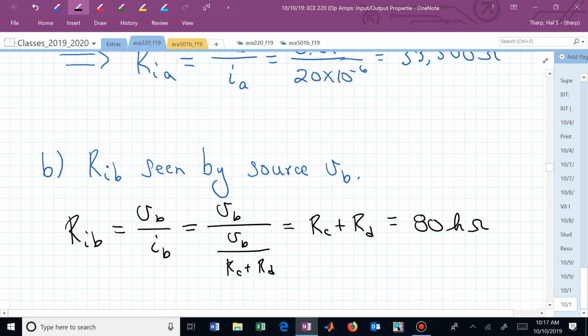We went through quite a few different circuits to try to find what does each source see as it's looking into this amplifier circuit, this op-amp circuit. And we were coming up with different values throughout. They aren't all the same. They're not all just as easy as this very last one that we just calculated.